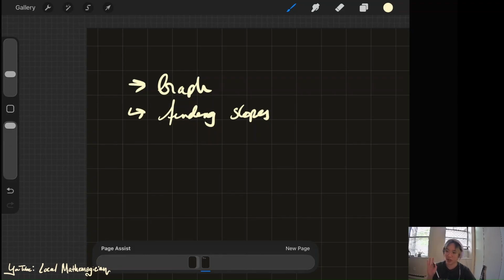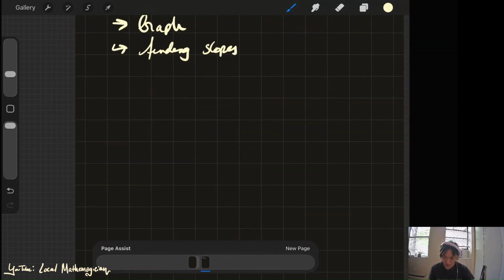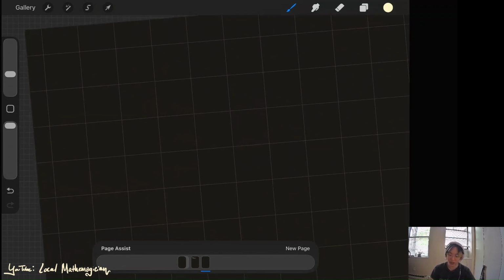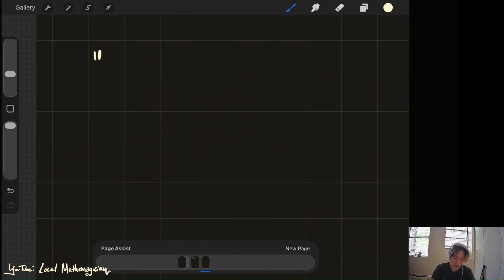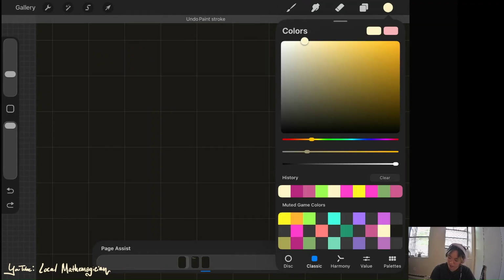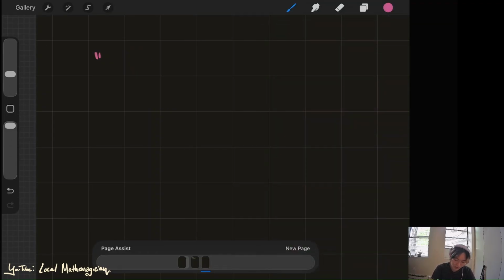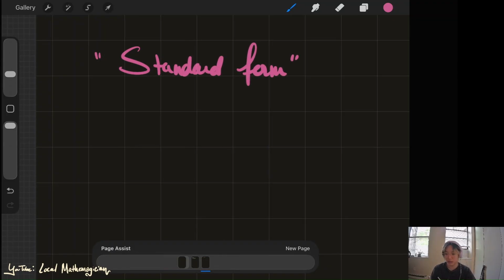All right, so let's talk about the three forms of a line. What we've already covered in a previous lecture is the standard form. We'll do that in a pretty color. Let's do that in pink. So this is called standard form of a line, right?